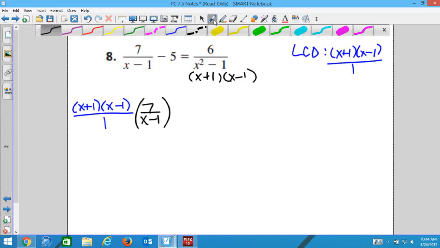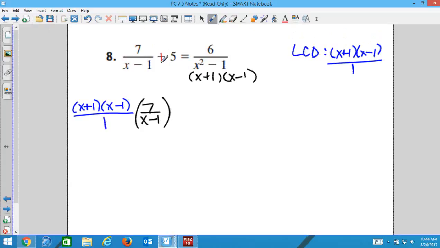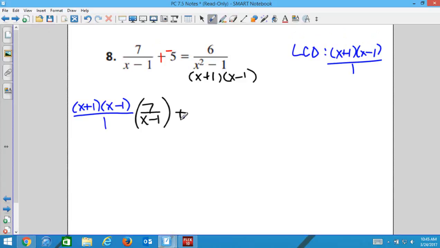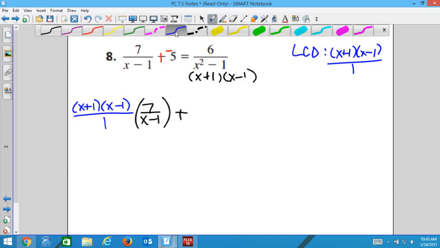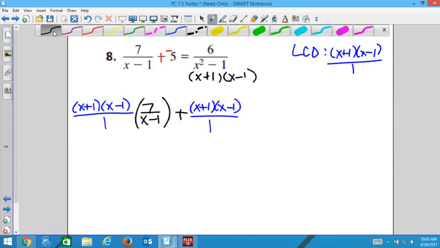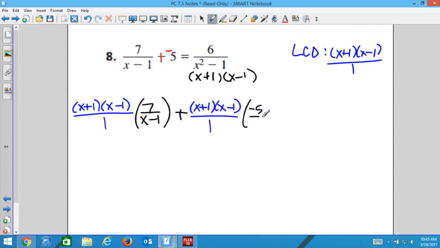If I have a minus 5 and I don't want to think about minus signs as much, if you change it to plus and negative 5 before you start, it's going to maybe save you some silly mistakes later. So here I can do plus my LCD, x plus 1, x minus 1, over 1 times negative 5 over 1.